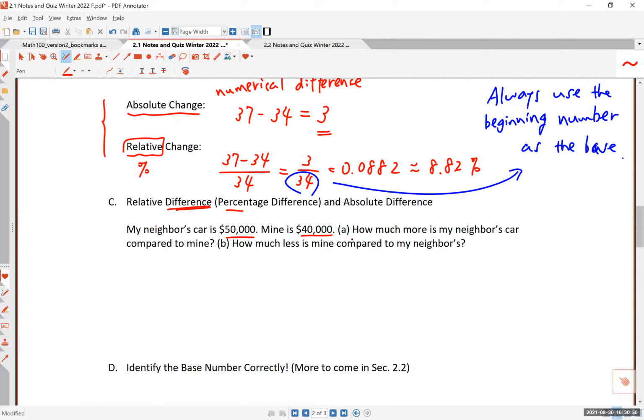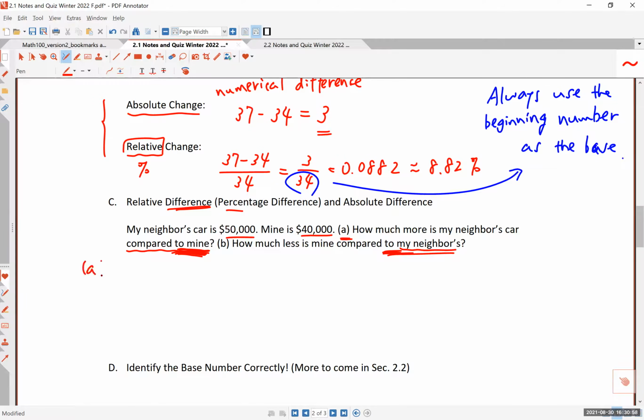That's not the point. A, how much more is my neighbor's car compared to mine? Now the emphasis here is compared to mine. You see how implicitly this part states what the base number should be? And B, how much less is my car compared to my neighbor's car? Now the comparison base is different.